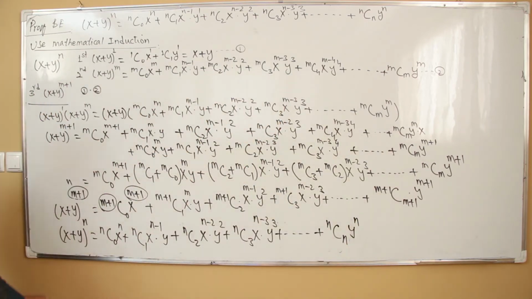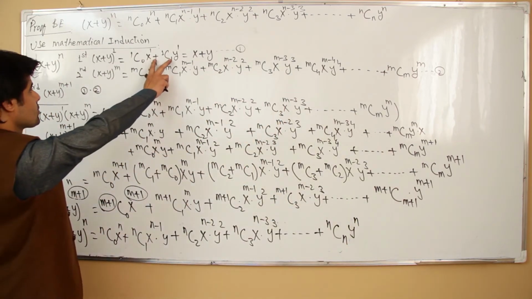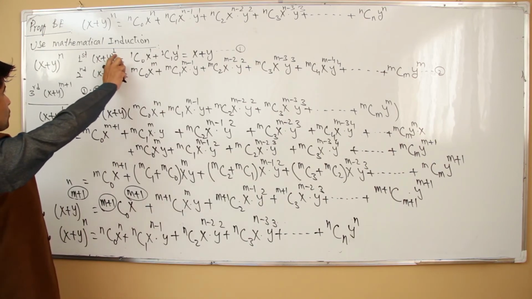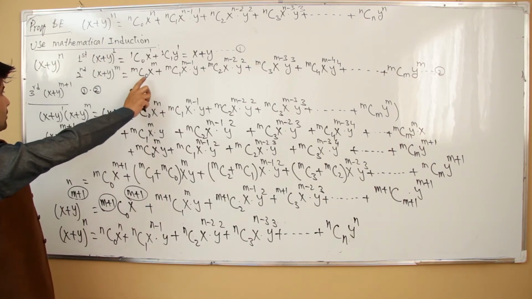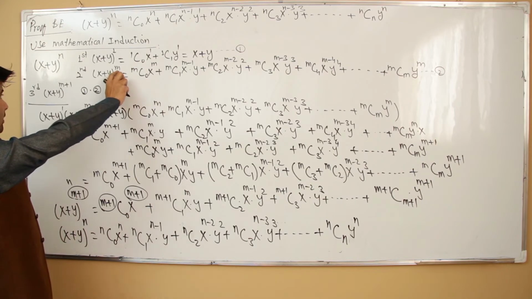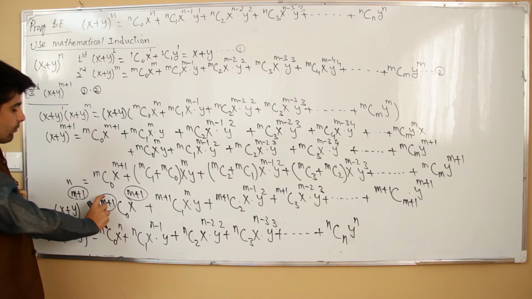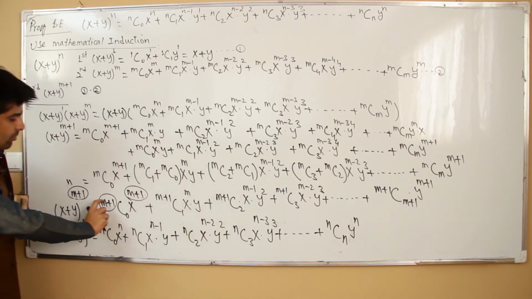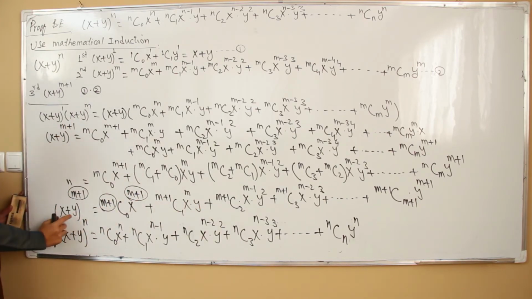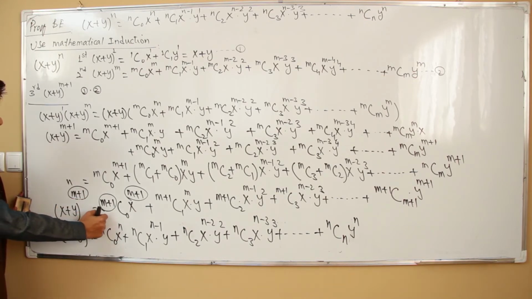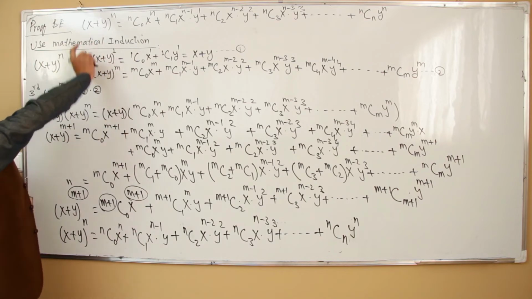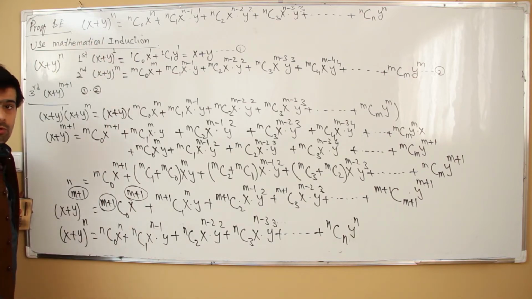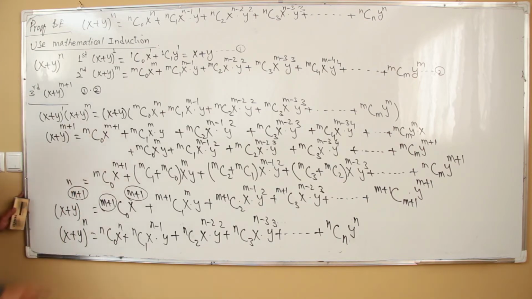It means if you define this formula for x plus y raised to the power n, and you can define it for the index m, then if you are able to define such a formula for x plus y raised to the power m plus 1, this shows that the formula is correct by the use of mathematical induction. I think you have got it. Write it, please.